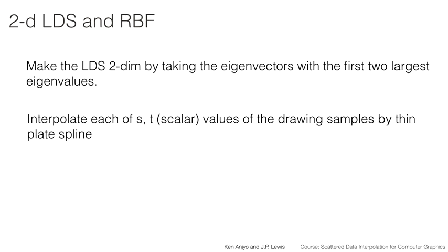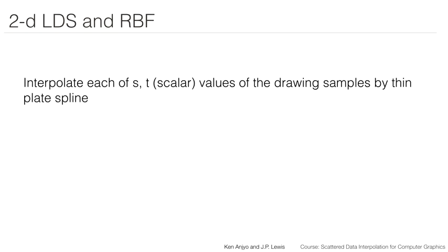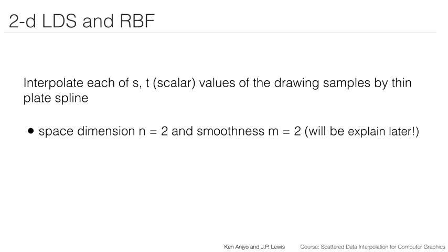And then we interpolate each of the S, T coordinate values through the simplet spline. In this case, as I told you, the space dimension is 2, and we would like to make the smoothness prescribed by the number m.